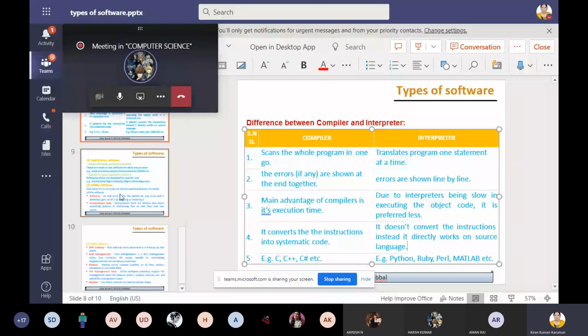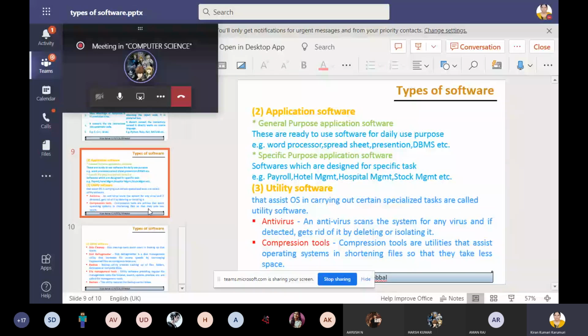Okay, so now let's quickly go through application software. Based on the specific purpose, if it is solving a specific task, then it is software designed for a special purpose or specific purpose application software. General purpose is like Microsoft Word, which everyone uses, and spreadsheets, which everyone uses.